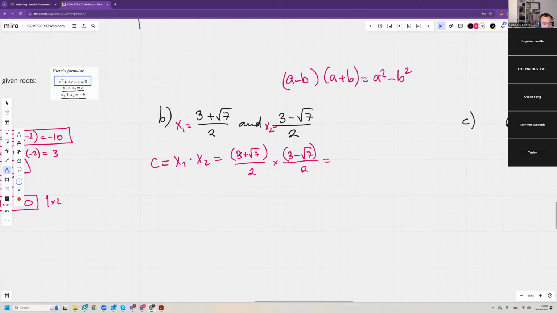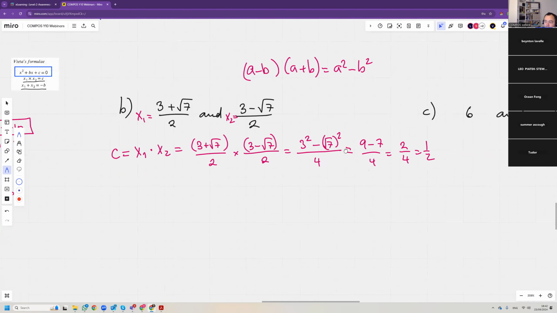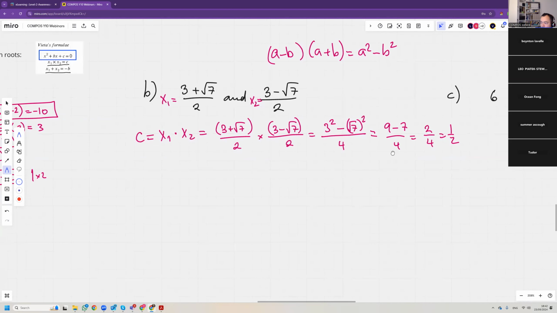And if you do 3 plus root 7, 3 minus root 7, that's going to be 3 squared minus root 7 squared, over 4. So that's 9 minus 7 over 4, which is 2 over 4, which is 1/2.